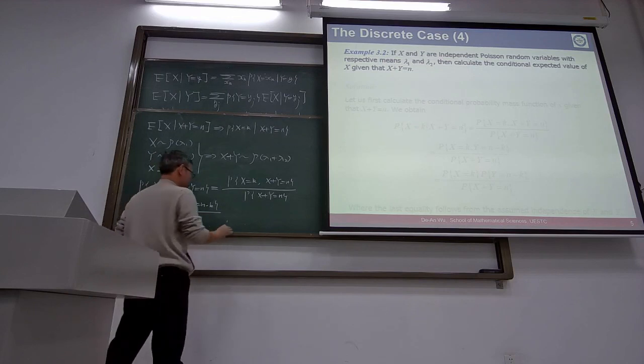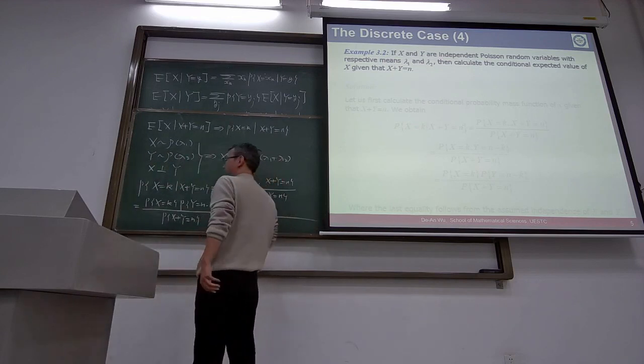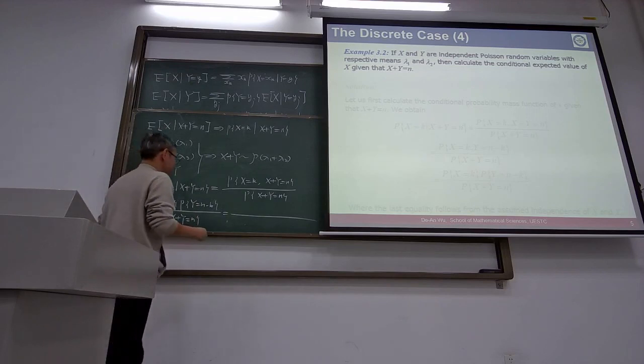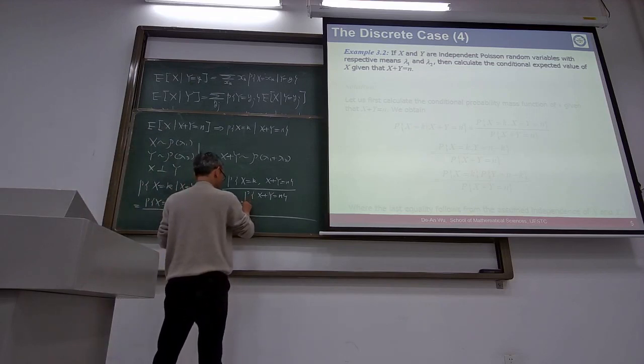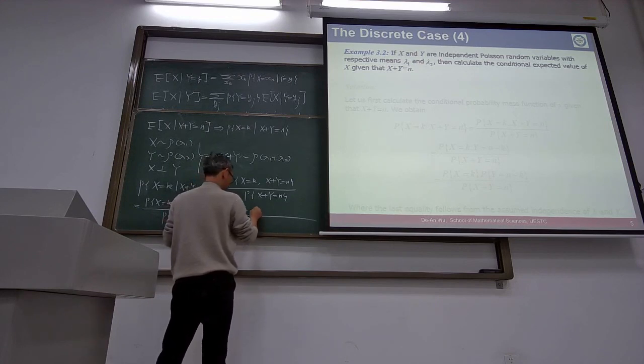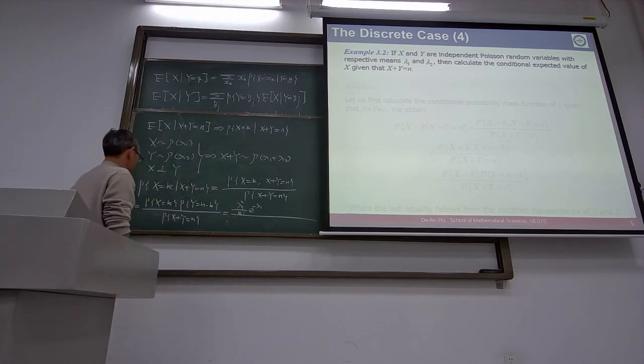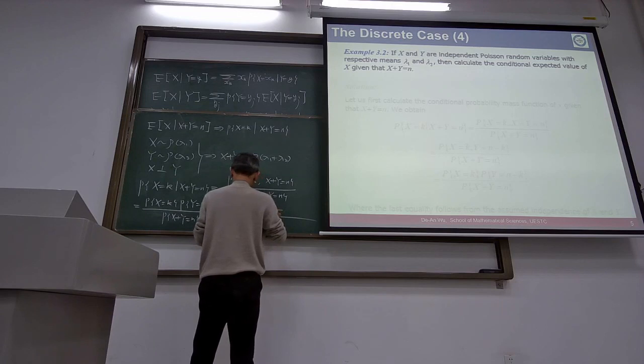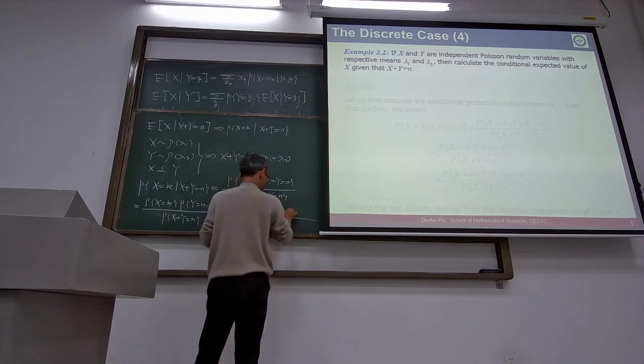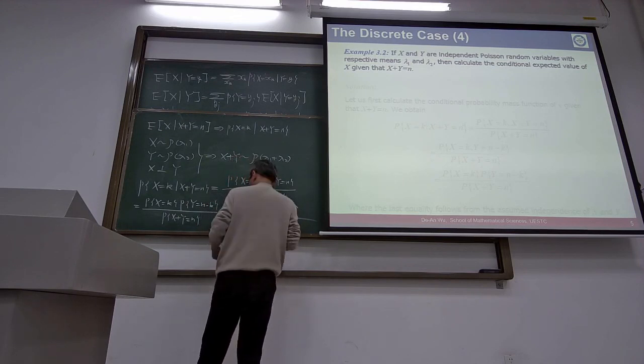Then substitute the PMF of Poisson: lambda 1 to the power k over k factorial, e to the minus lambda 1, and lambda 2 to the power n minus k over n minus k factorial, e to the minus lambda 2.